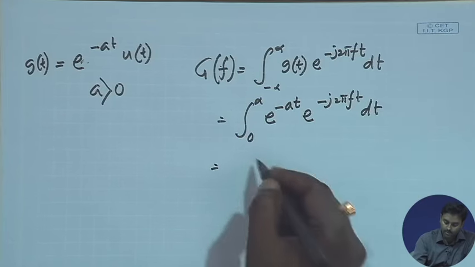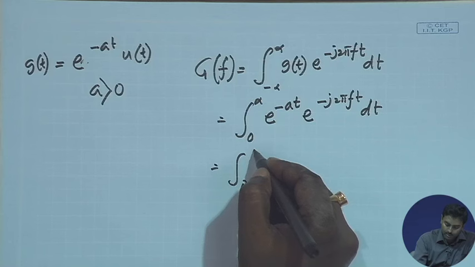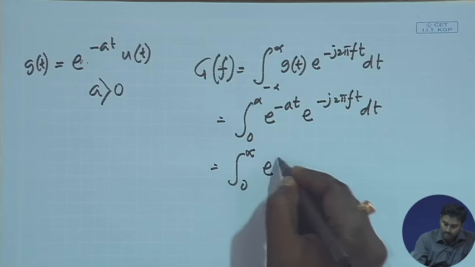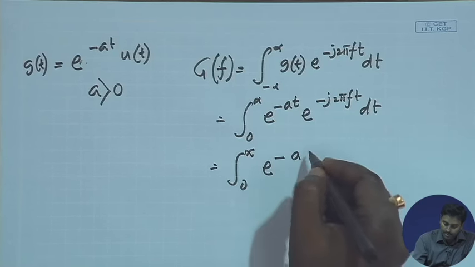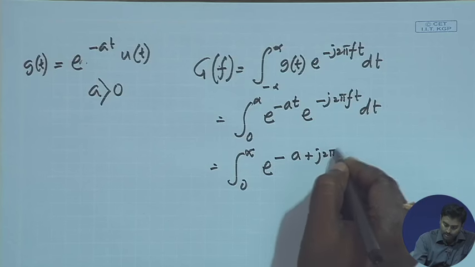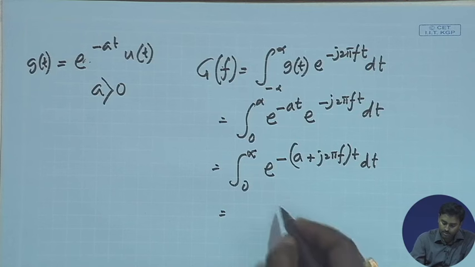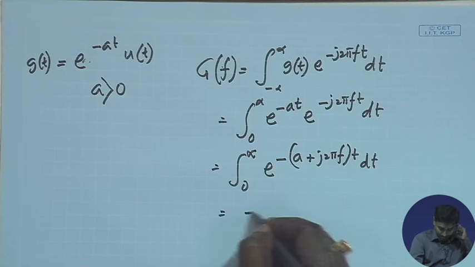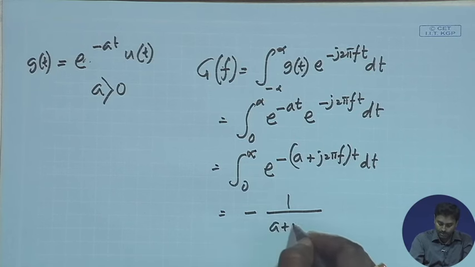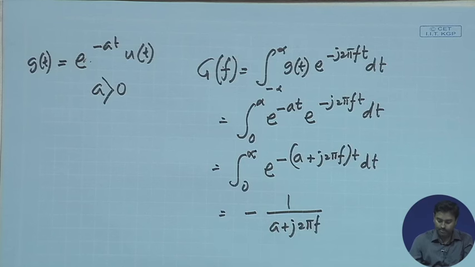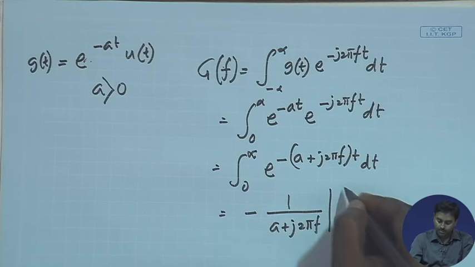Let us evaluate this. It is just an exponential, e to the power minus (a plus j 2 pi f) t dt. So, that should be minus 1 by (a plus j 2 pi f), evaluated at 0 and infinity.